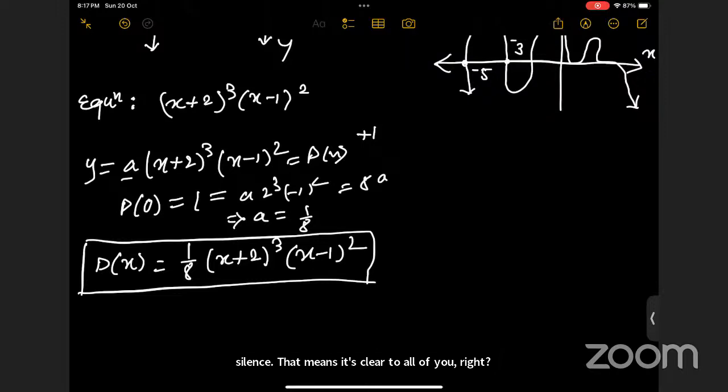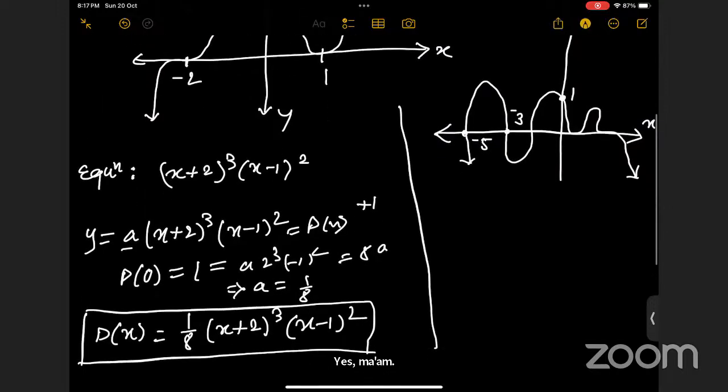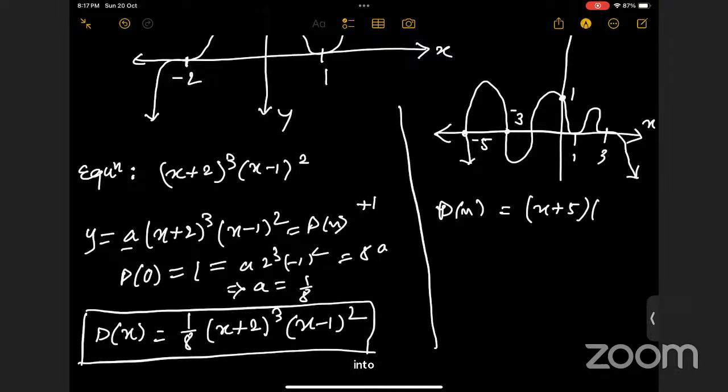So what about the second graph? x plus 5 into x plus 3 into x minus 1 whole square into x minus 3 whole cube.